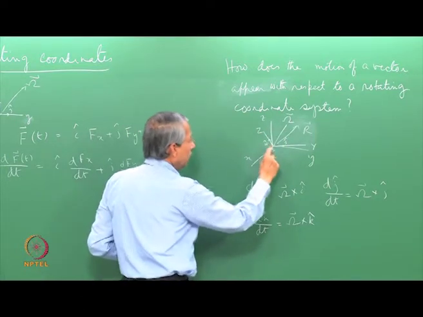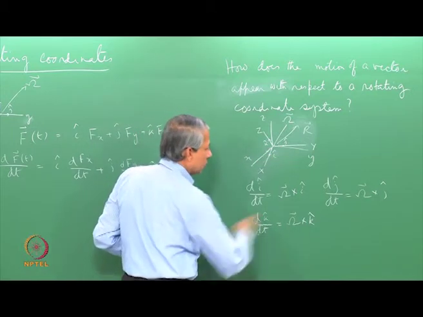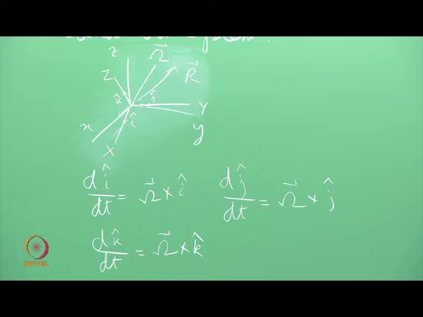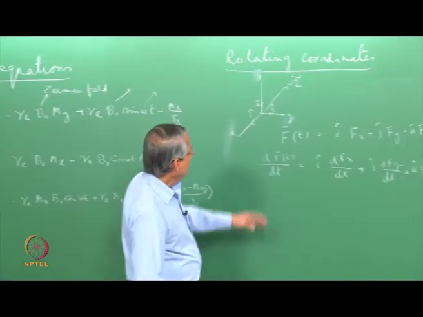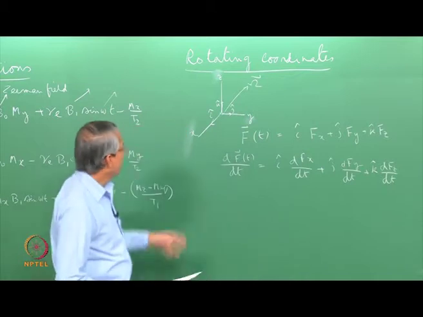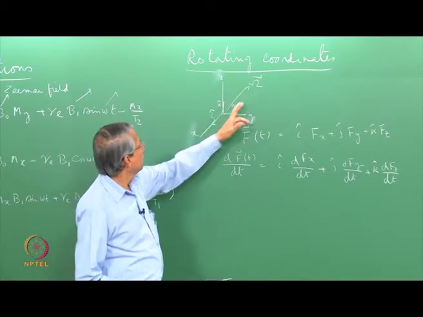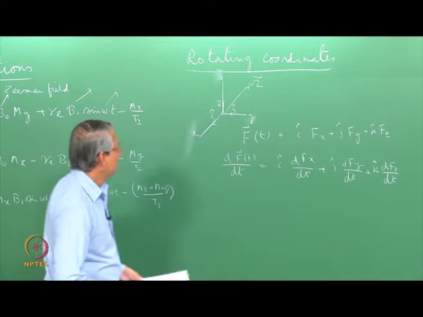Then the unit vectors associated with this rotating coordinate system are this i, j and k, and they have got this sort of time dependence. So, now we can make it more general by saying that this i, j and k also depend on time in this fashion, because of the rotation with respect to this certain direction with omega.